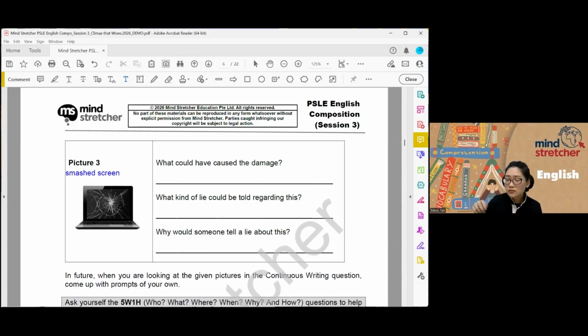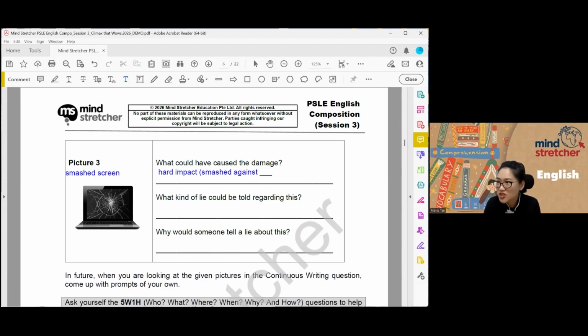Not simply dropping it. I don't think the damage would be so severe. Maybe a crack, but not like that. There must be some sort of hard impact. It could be smashed against the edge of a table, the wall, a hard object.